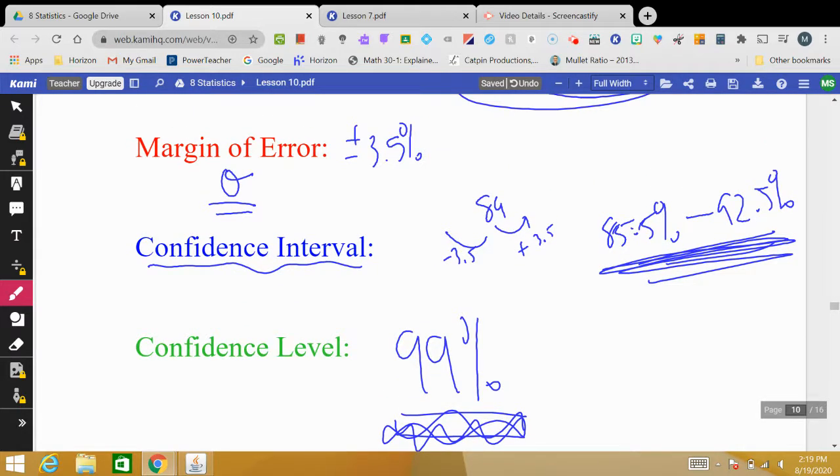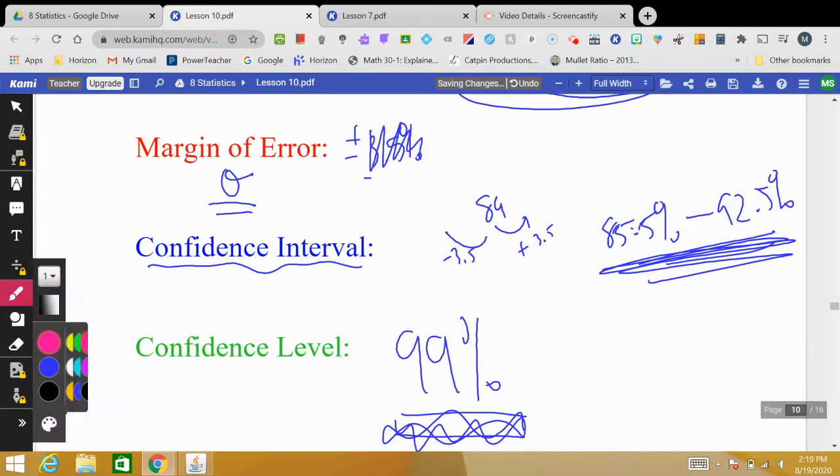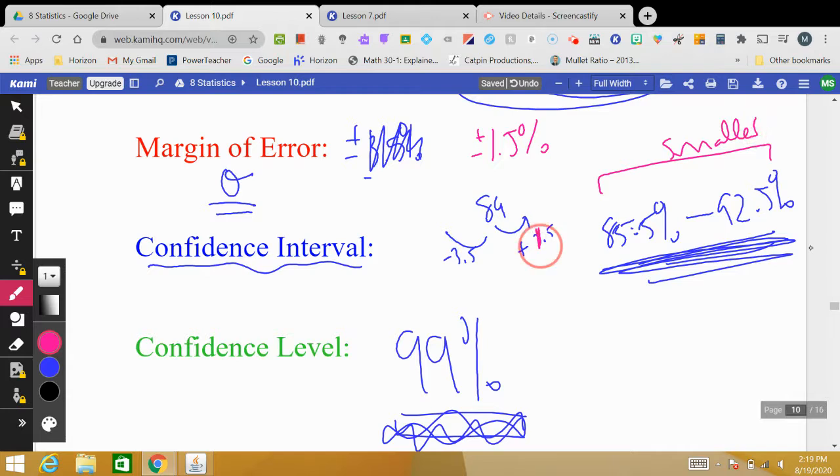Well, if we were to lower our margin of error, let's say I lowered that number to 1.5%. That's going to make the confidence interval smaller, right? Because now I'm adding and subtracting 1.5, not 3.5.